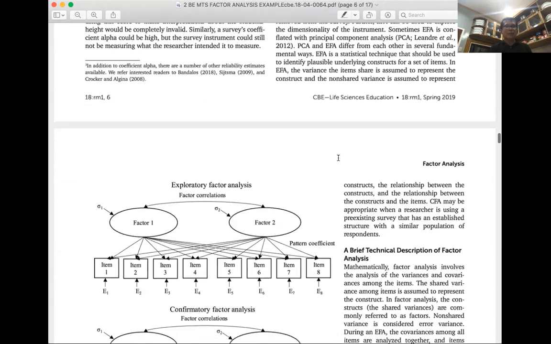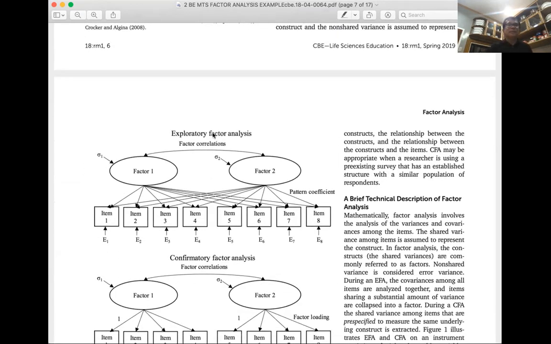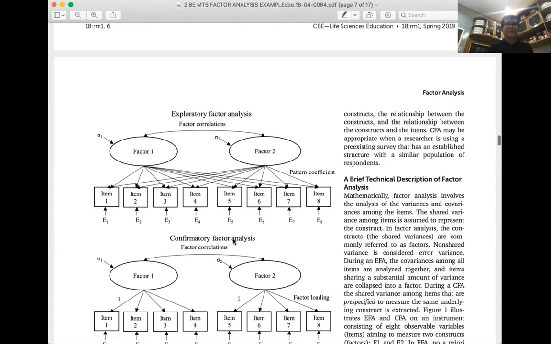Looking into factor analysis, if you look at exploratory factor analysis from a theoretical perspective, we have factor 1 and factor 2. Factor 1 is composed of item 1, item 2, item 3, item 4. And for factor 2, we also have item 8, item 7, item 6, item 5, item 4, item 3, item 2, and item 1. It's actually a figure that shows exploratory factor analysis.